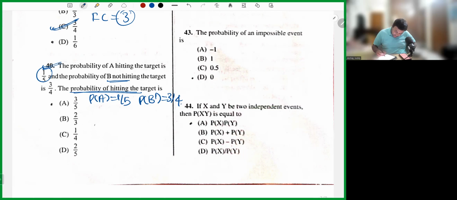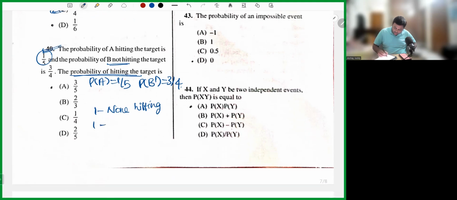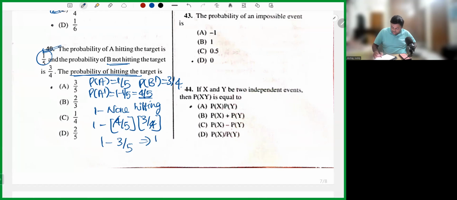I'll simply say 1 minus no one hitting. 1 minus probability of A not hitting, which is 1 minus 1 by 5, which is 4 by 5, times B not hitting, 3 by 4. So 1 minus 3 by 5. If I take LCM, it will be 5 minus 3, which is 2 by 5.